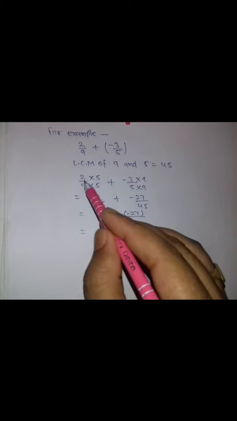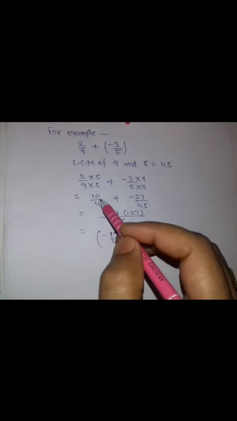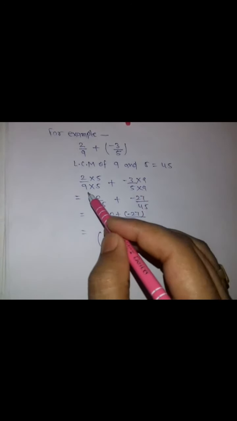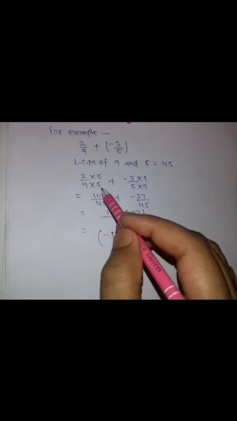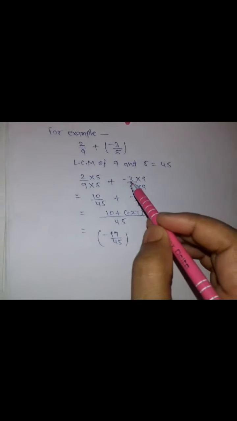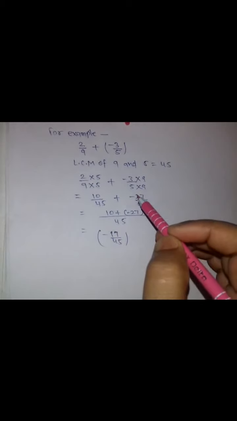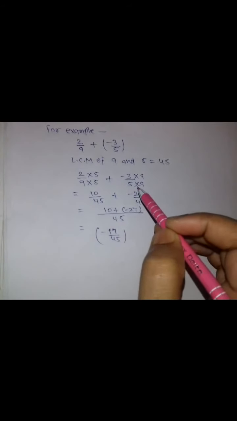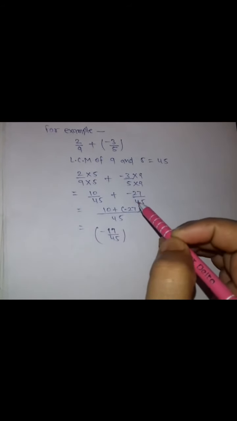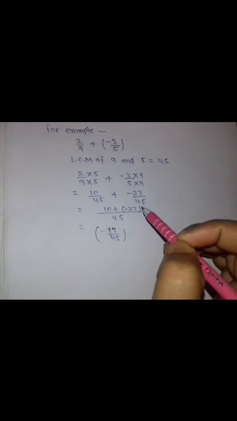Then we get 2 into 5, it will be 10, and 9 times 5 will be 45, and minus 3 multiplied by 9 will give minus 27, and 5 multiplied by 9 will be 45.